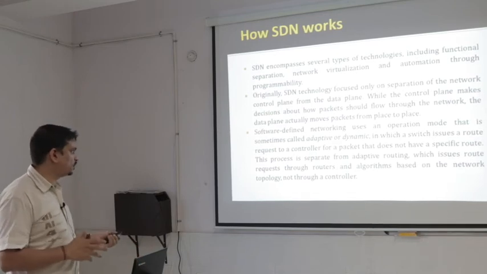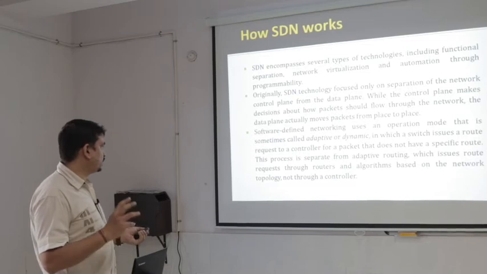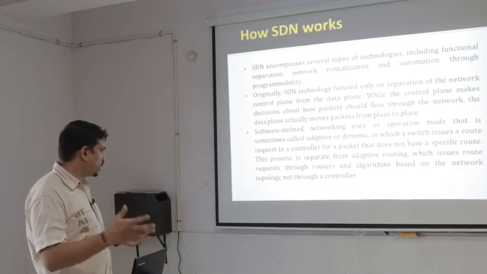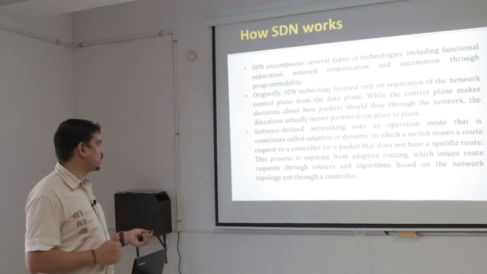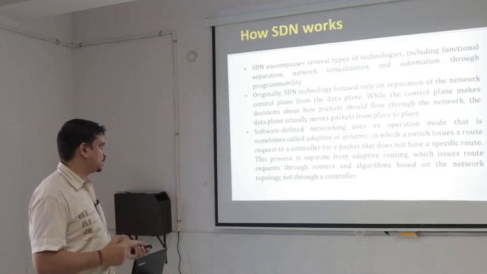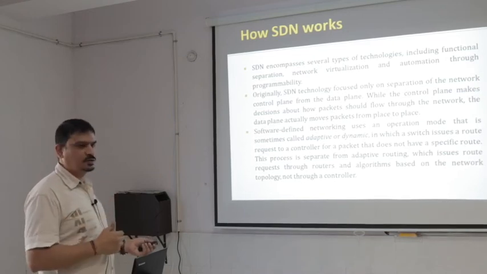So software defined networking uses an operation model that is sometimes called adaptive or dynamic, in which the switches issue a route request to the controller for a packet that does not have a specific route. This process is separated from adaptive routing.